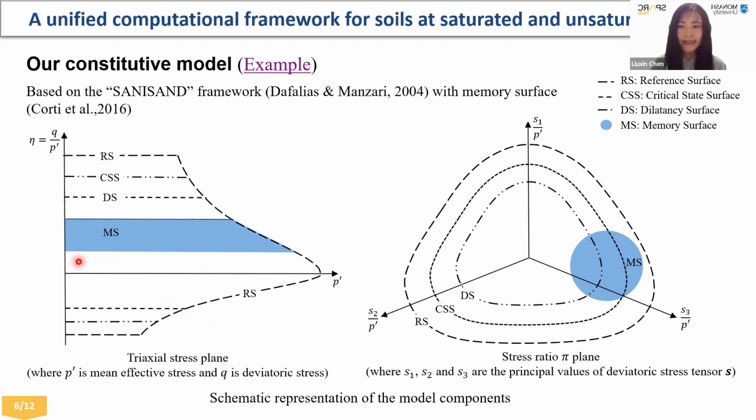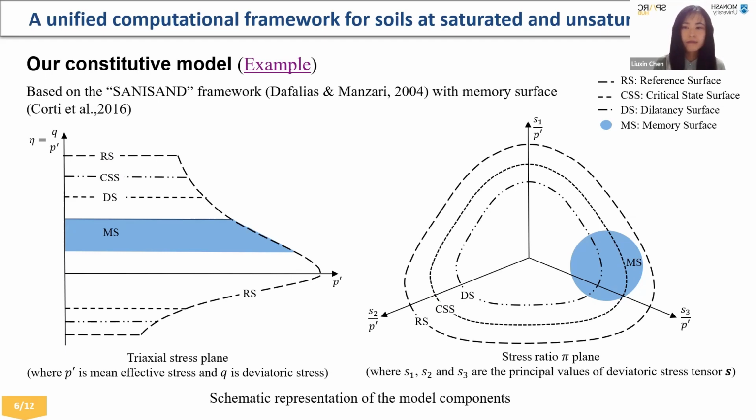Left-hand side is a triaxial stress plane, and the right-hand side is a stress ratio pi plane. We have dilatancy surface, critical state surface, reference surface. With these surfaces, we could capture many features of granular soils, including softening, dilatancy, critical state behavior.